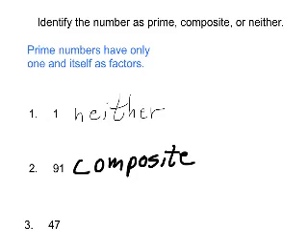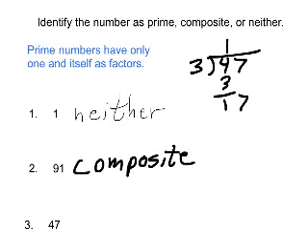No, it's odd. 3, maybe 3 into 47. 3 won't go into 17. 4 won't go. 5 won't go because it doesn't end in 5 or 0. 6 won't go. 7 won't go because 7 goes into 49, right? 8 won't go. 9 won't go because we know the times tables. 10 won't go. 11 won't go because all the 11s, all the way up to 100, go 11, 22, 33, 44, 55. 12 won't go.